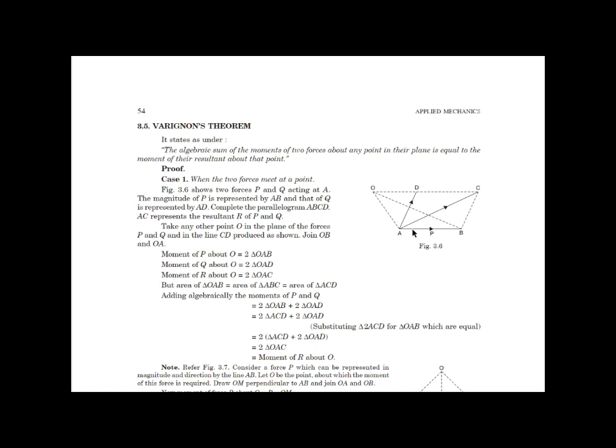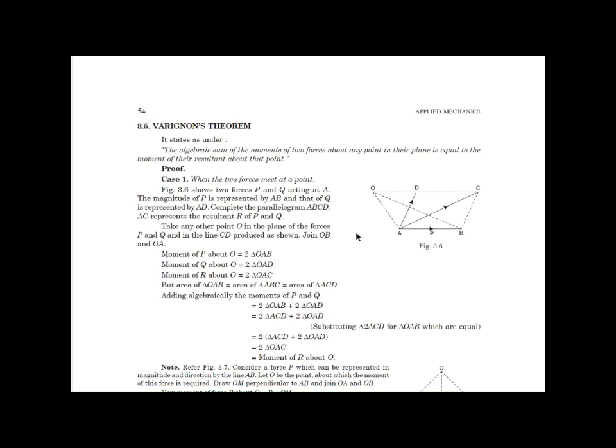Which means that if we take the moments of the forces individually and sum those up, and if we take the moment of the resultant, the point in both cases should be the same. That means the point about which we take the moments of all the individual forces and the point about which we take the moment of the resultant force should be the same.